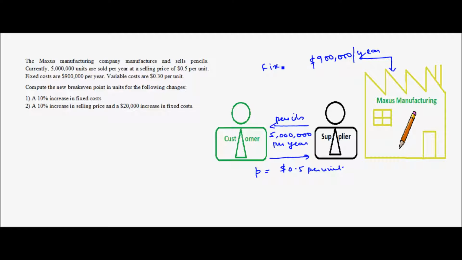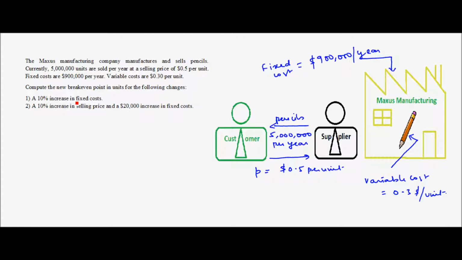This is the fixed cost. And for manufacturing the pencils, the cost of raw material, labor, etc. comes to $0.3 per unit. So the variable cost is equal to $0.3 per unit.